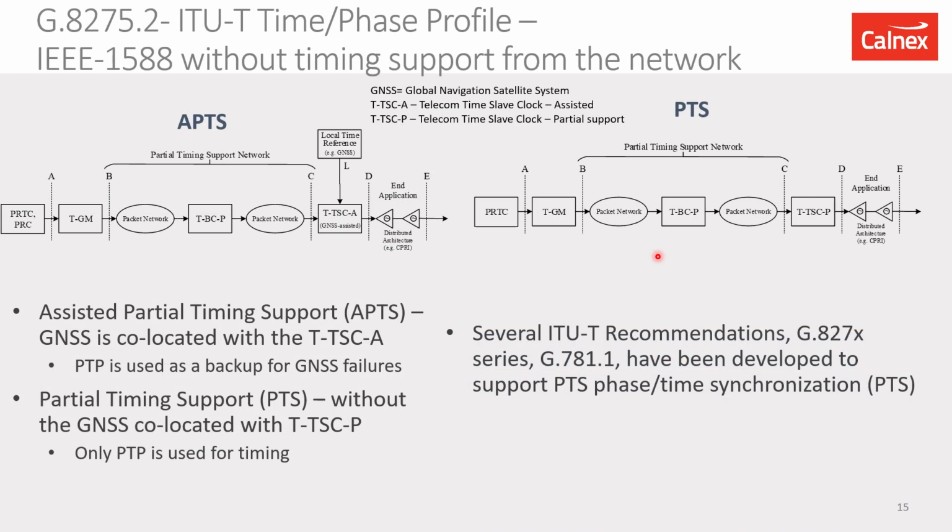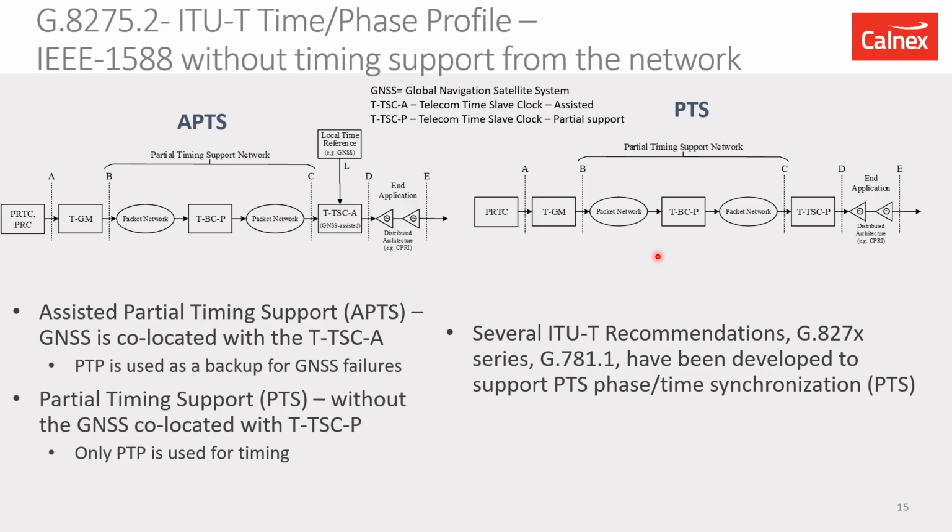I mentioned before the profile where every node in the network is able to support PTP, either with a boundary clock or transparent clock. However, there are cases when this is not possible. For instance, when there are leased lines or in case of legacy hardware already deployed in the network that does not support 1588.